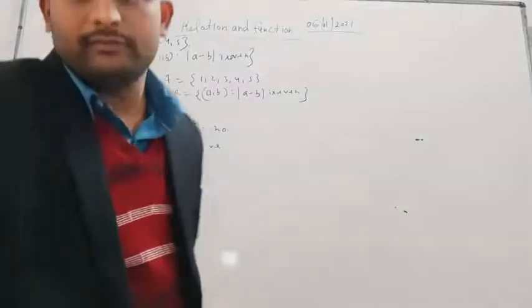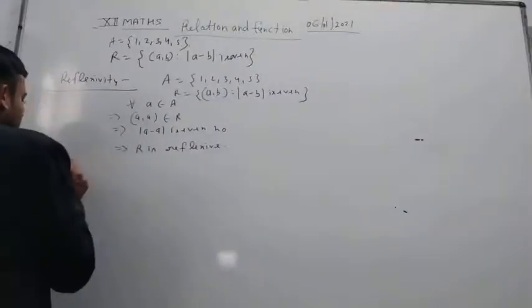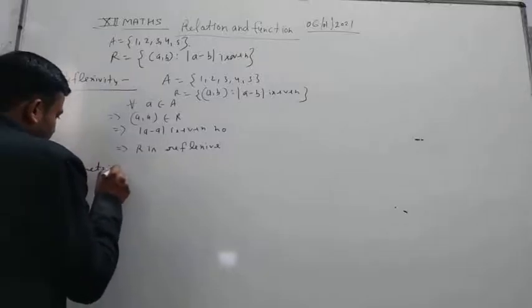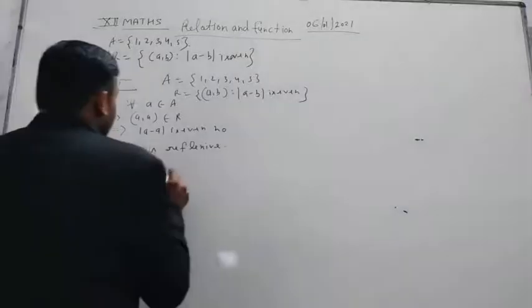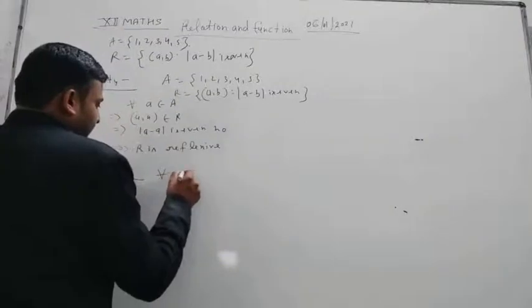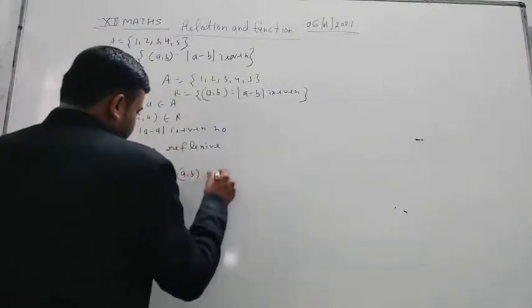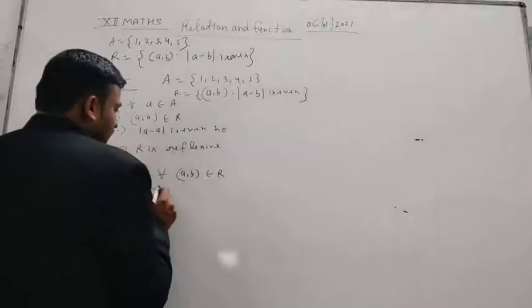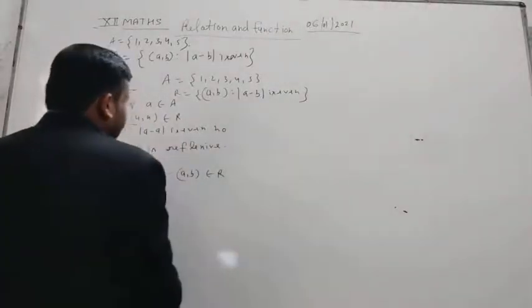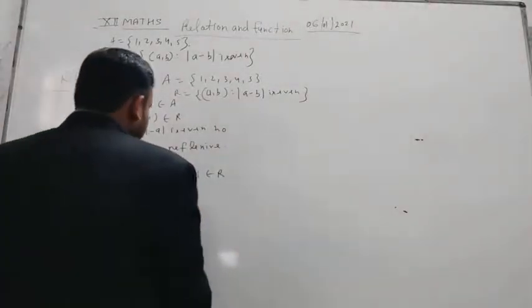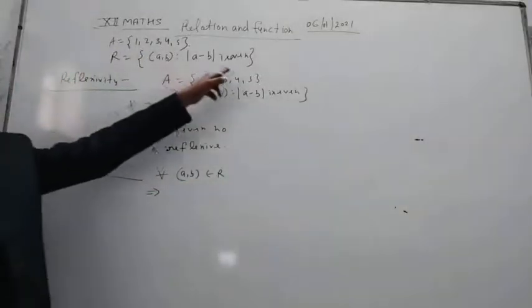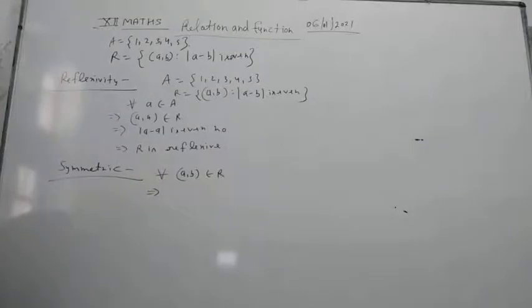Now symmetricity. For any (a, b) belonging to R, if (a, b) belongs to R, we can write a - b is an even number.